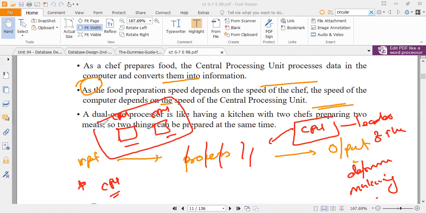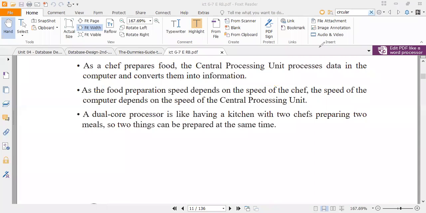That is dual core. A processor is like having a kitchen with two chefs preparing two meals. So two things can be prepared at the same time. That is easy to understand, right? So that is what we are using, a dual core processor.